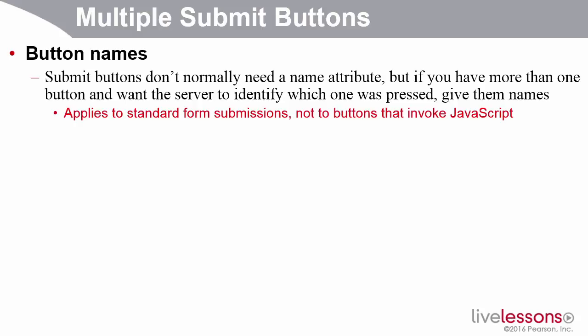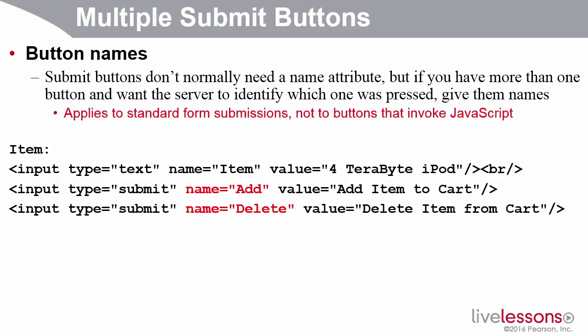But if you're doing a normal form submission, then you need to give names to the buttons only if you have more than one button in the same form. So you might have one called add and one called delete.